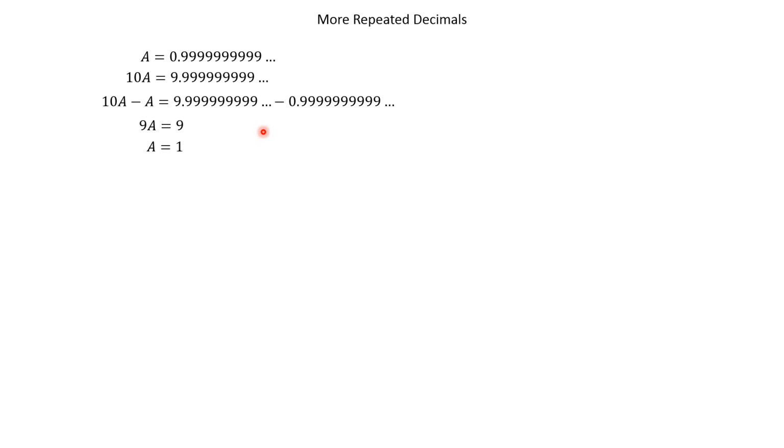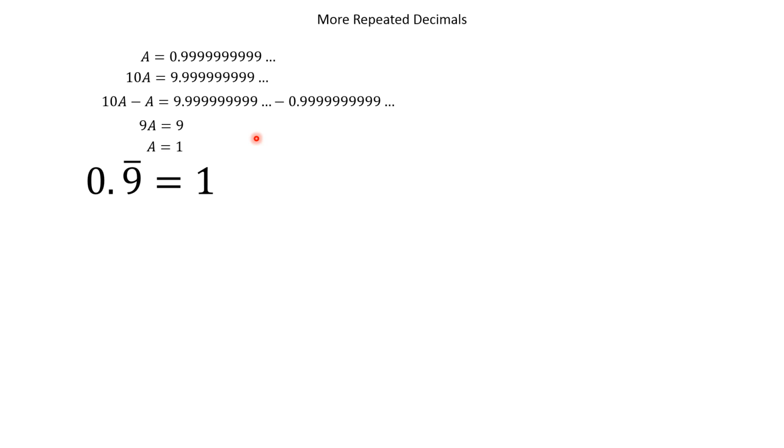Wait, that's not a fraction? Well, it is a fraction, but more importantly, what did we just show? We just showed that 0.9 repeating equals 1.